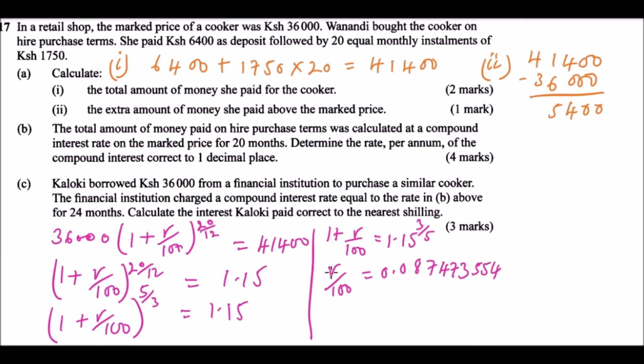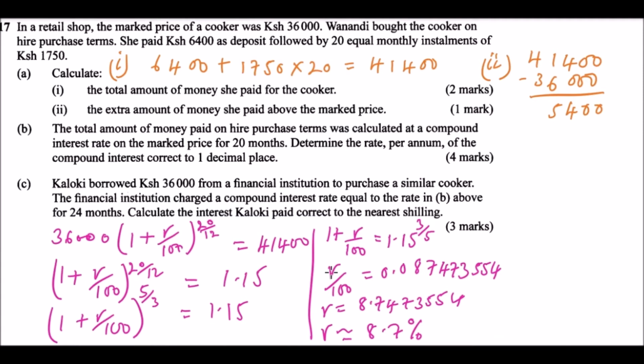So you multiply by 100, you get r is 8.74773554. You say r is approximately 8.7%. So that is the interest rate using the compound interest rate, using the 36,000, the market price, as the principal.